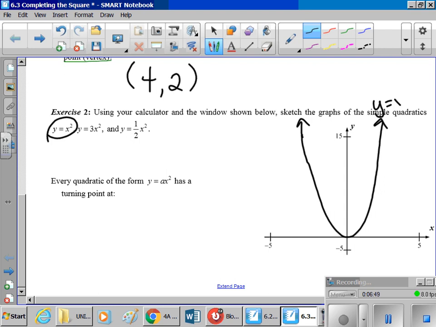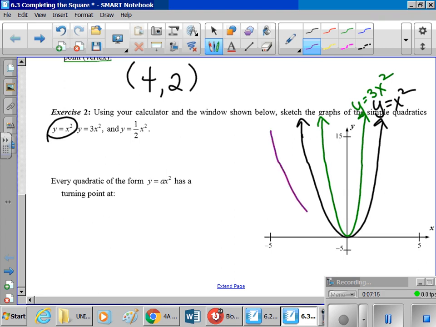Y equals x squared. All right, so y equals 3x squared is going to increase much faster. So y equals 3x squared is going to look something like this. So this is y equals 3x squared. And when you have a coefficient that's less than 1, then it's not going to increase and decrease quite as quickly. So it's going to look something like this one.